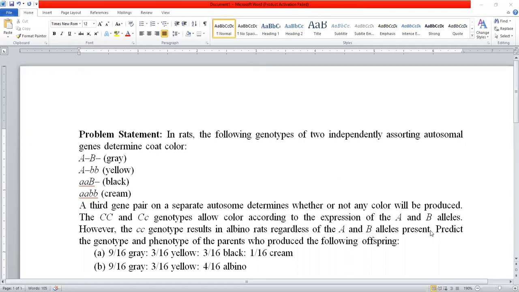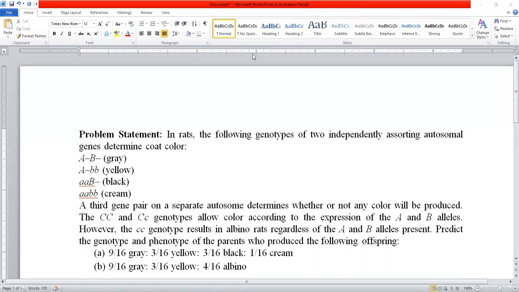So on the basis of this given data, predict the genotype and phenotype of the parents who produce the following offspring. We have to determine, if the ratio in the offspring is like this, what would be the genotype and phenotype of the parents.